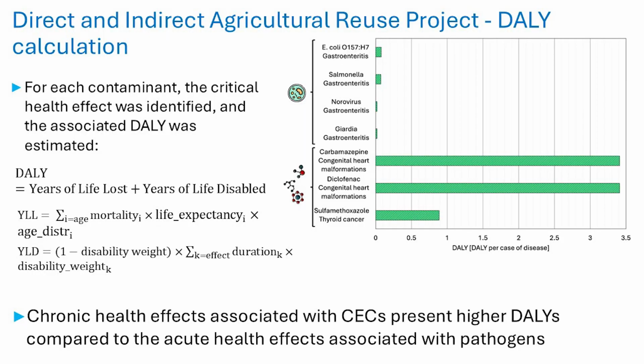So what we did is we calculated our risk for several reference pathogens and for the emerging contaminants. I focused here on 3 that are pharmaceuticals, and we looked at them over a year, and it looked like the chemicals were producing the greatest number of DALYs or were the greatest risk.